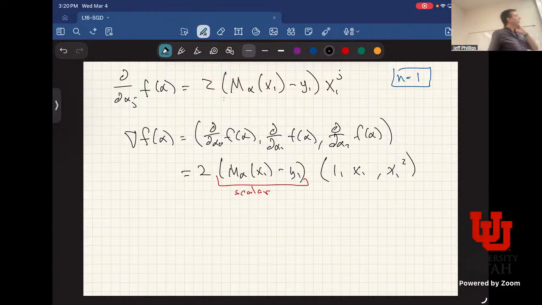Okay, so sometimes when people write down the loss function, they'll write down a 1/2 in front of the sum of the squared errors, and when you do that, this constant factor 2 goes away. Otherwise you get a 2 in front. They say, I really care about the gradient, not the function, so I'll put a 1/2 in front of the function so I don't have to worry about the 2. Okay, cool.